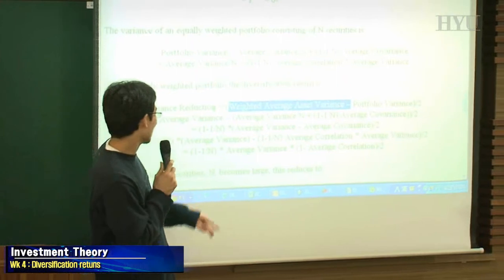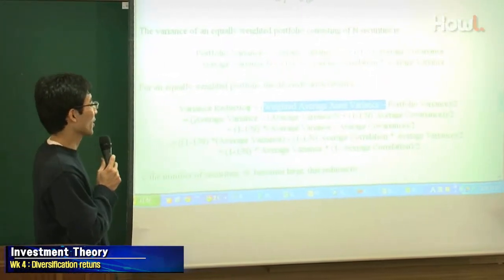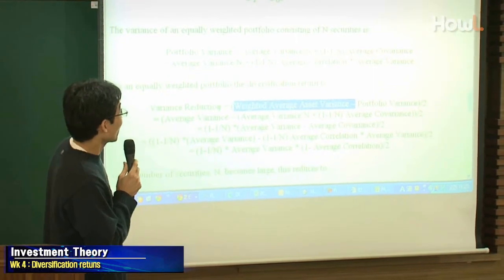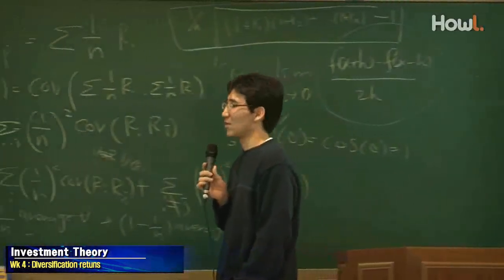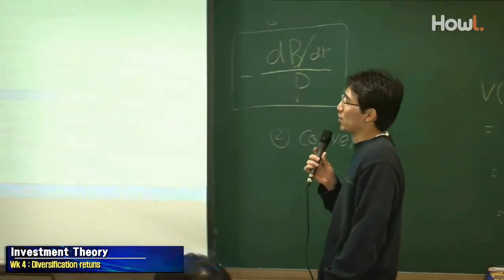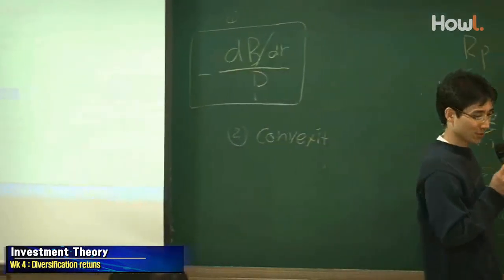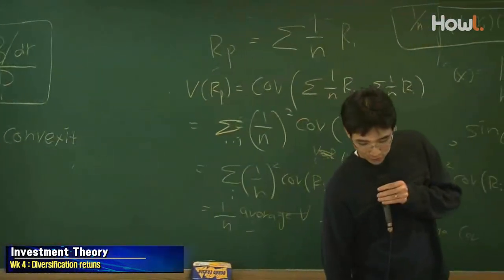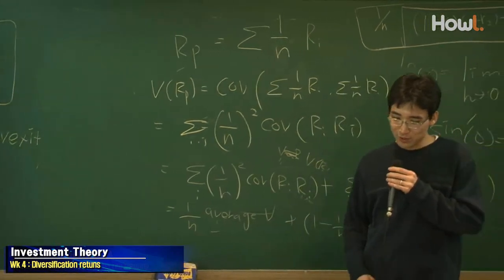So we have this relationship: 1 minus 1 over n, multiplied by average variance and 1 minus average correlation, over 2. And suppose we have a large number of assets in the portfolio. Then 1 over n converges to 0, right? Converges to 0. Therefore, eventually, we have a relationship like this.